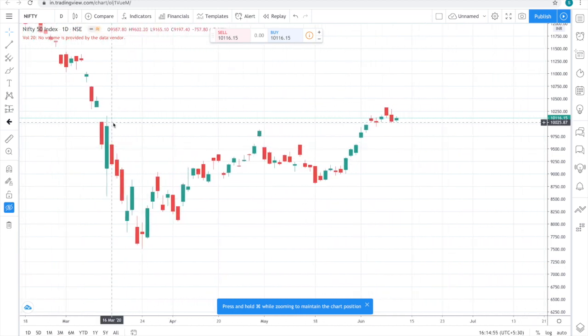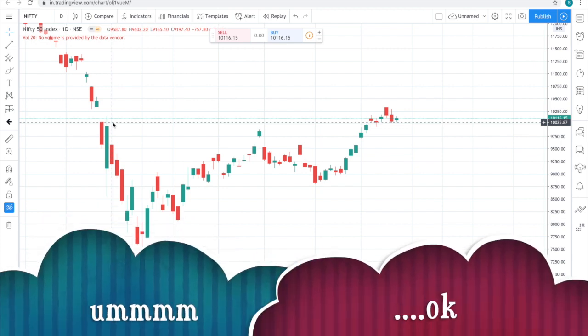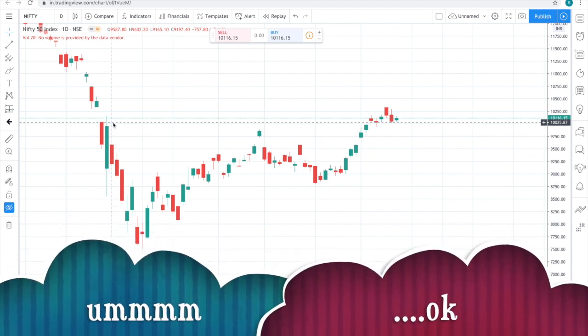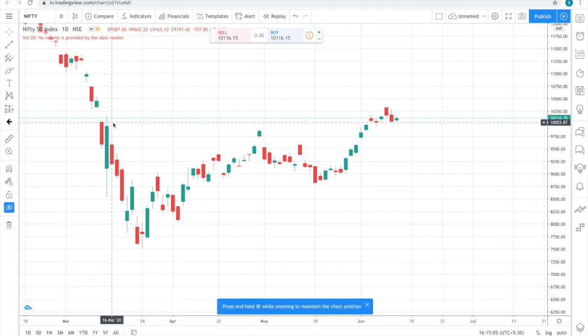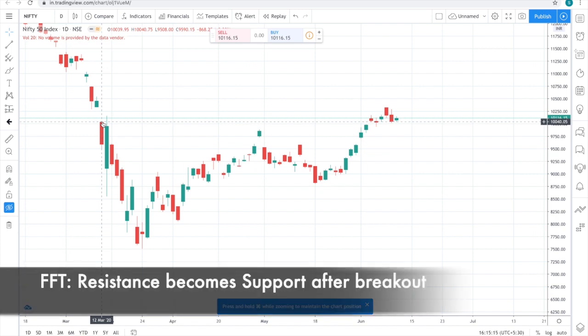So we need to find 2 points where you see the stock or the index coming down and finding support, or on the same line if you find the stock going to the same line and then coming back down. So we need to find at least two of those points. So let's see. One, you see the stock went down from here, and again it came back here, went down.